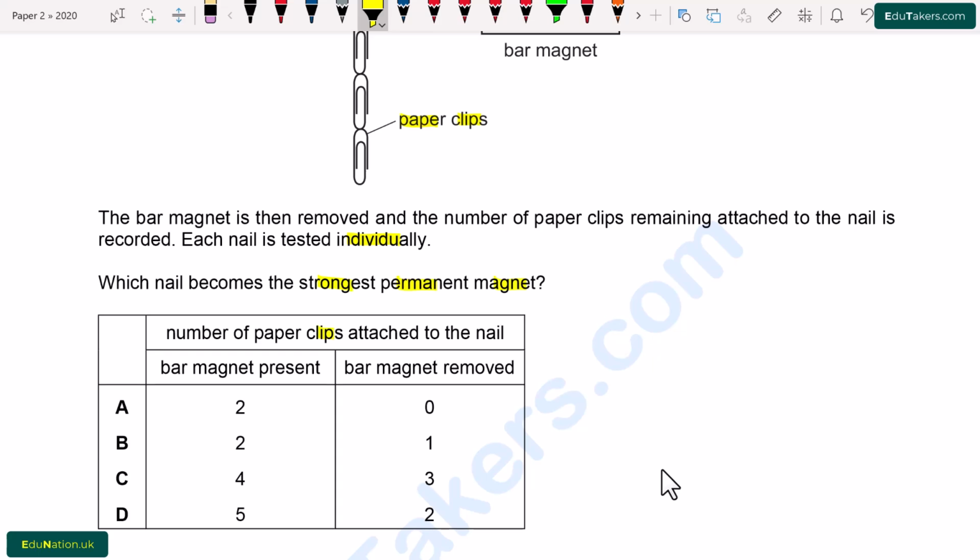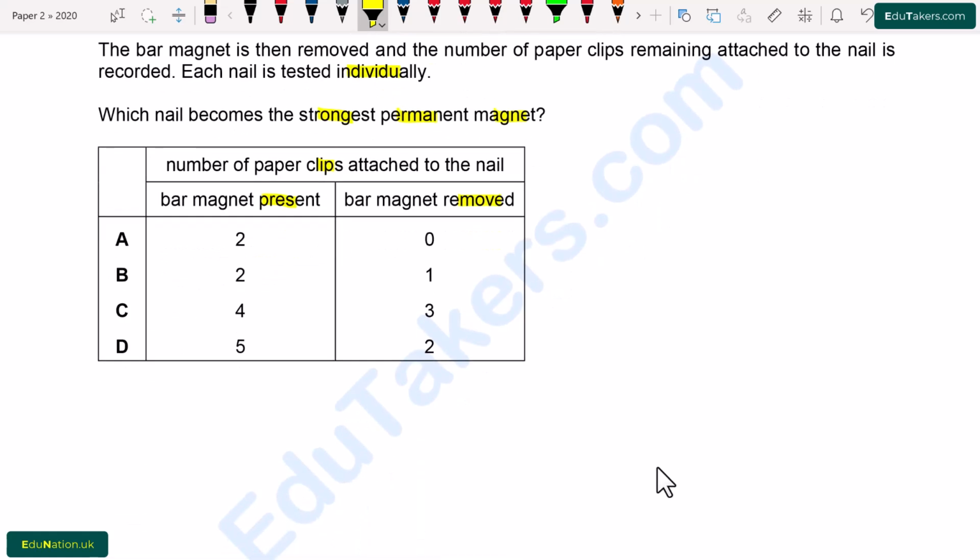The table gives the number of paper clips attached to the nail when the bar magnet is present and when the bar magnet is removed. It means that when more paper clips remain attached to the nail, the stronger the permanent magnet will be.